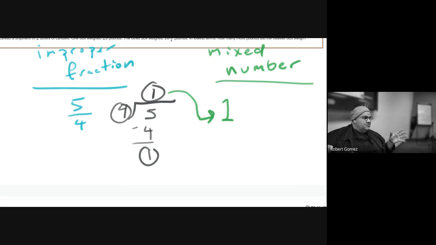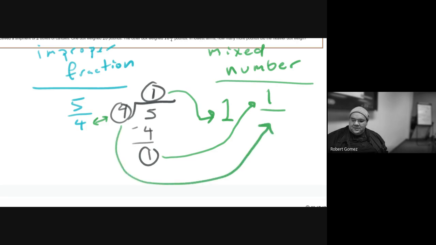So we don't have to worry about putting a remainder, because our remainder is going to become this number right here. It's going to become our numerator. And see this denominator? This denominator stays the same, so we're just going to move it over here.